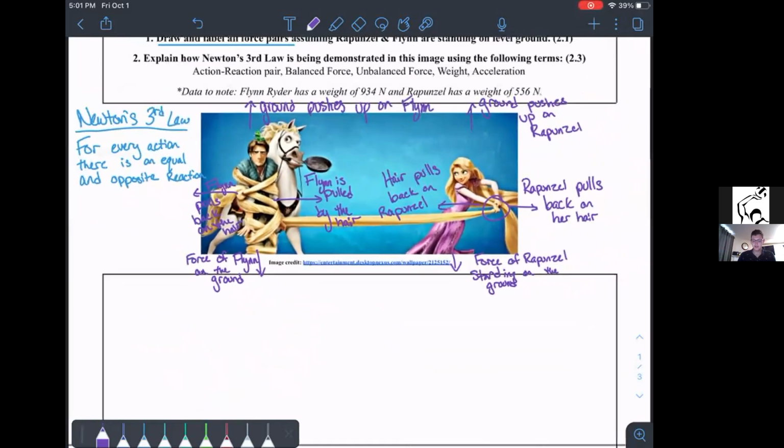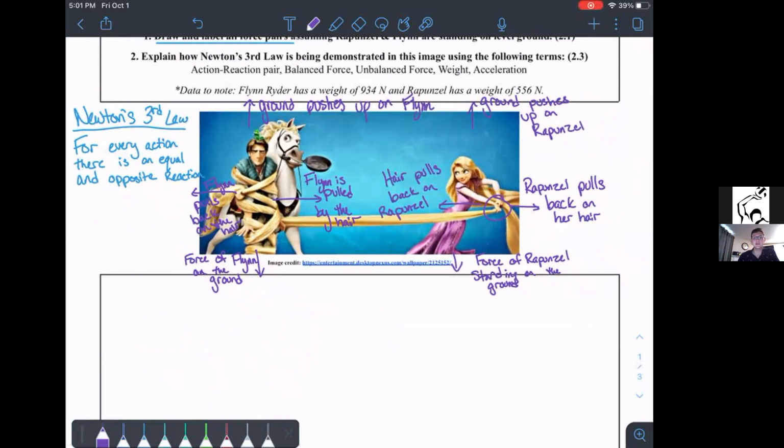So now question 2 says, explain how Newton's third law is being demonstrated using each of the terms.